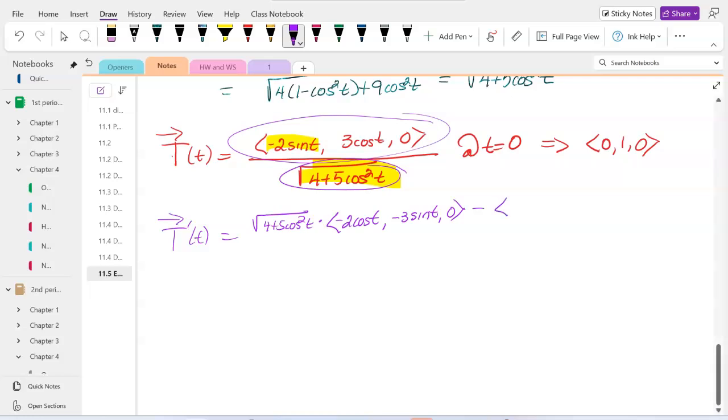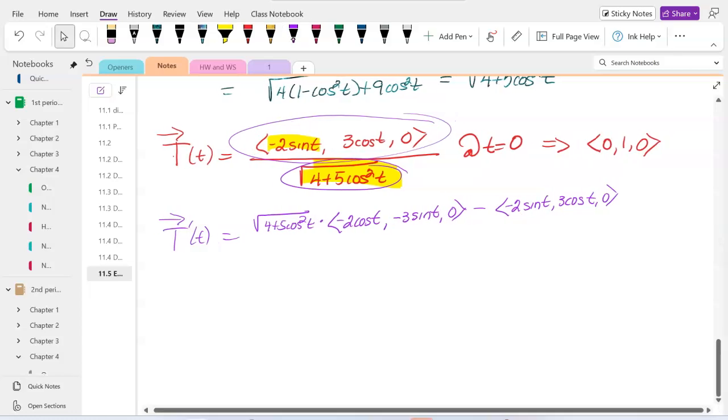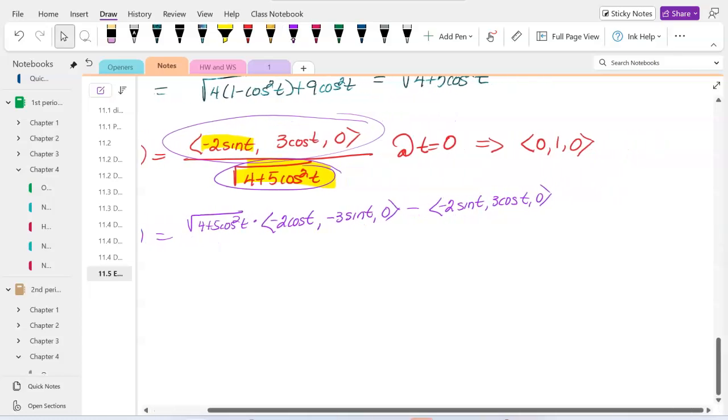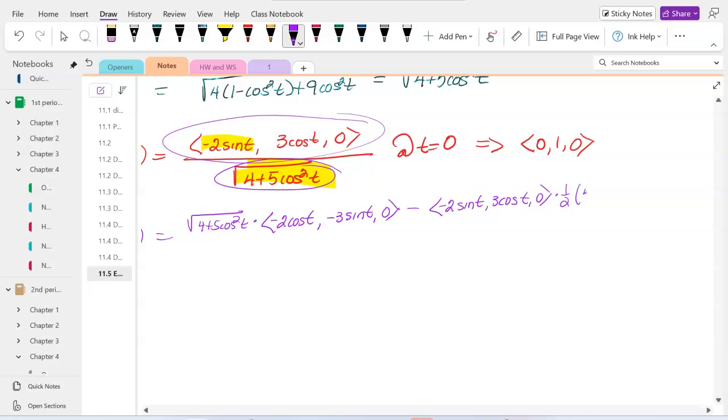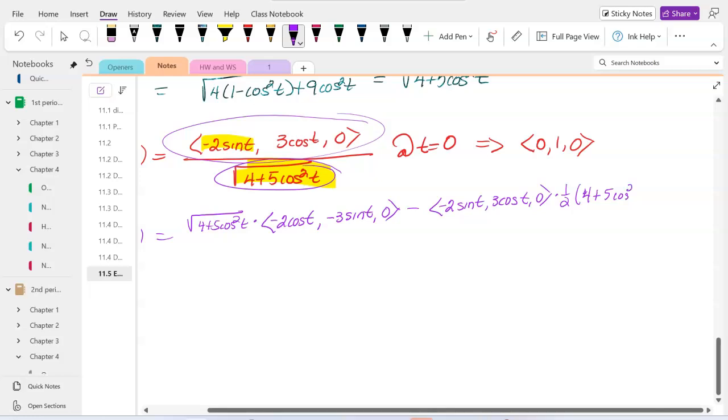Minus high, derivative of low, that's a chain rule. And so let me think about that chain. I've got 1/2. Leave my inside alone.